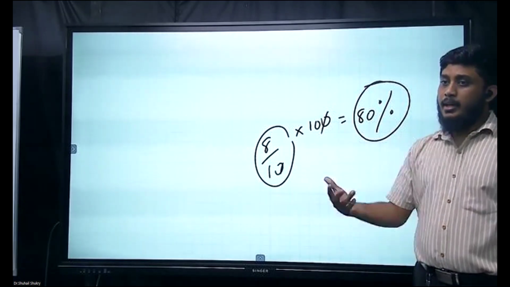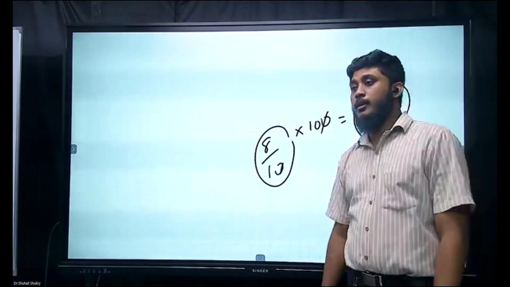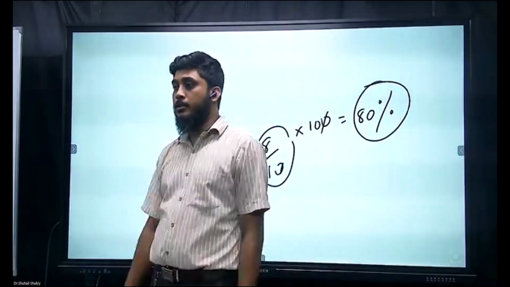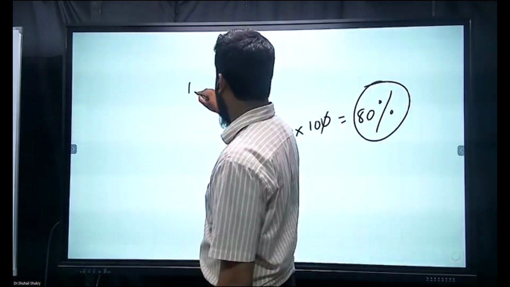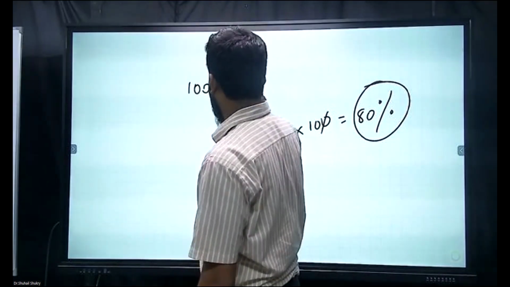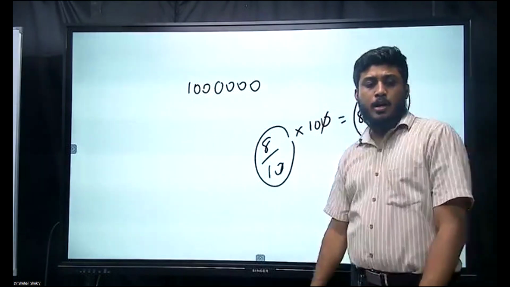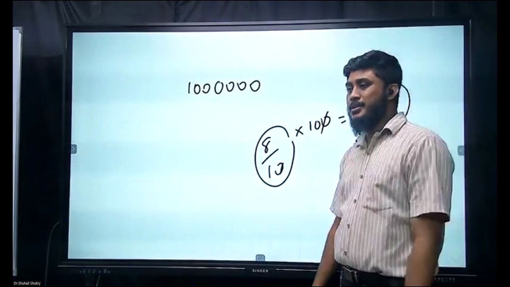Understood. We'll say there are 1 million people in Colombo. 1 million means 1, 2, 3, 4, 5, 6 zeros. Out of this 1 million people, we'll think 30% are kids.